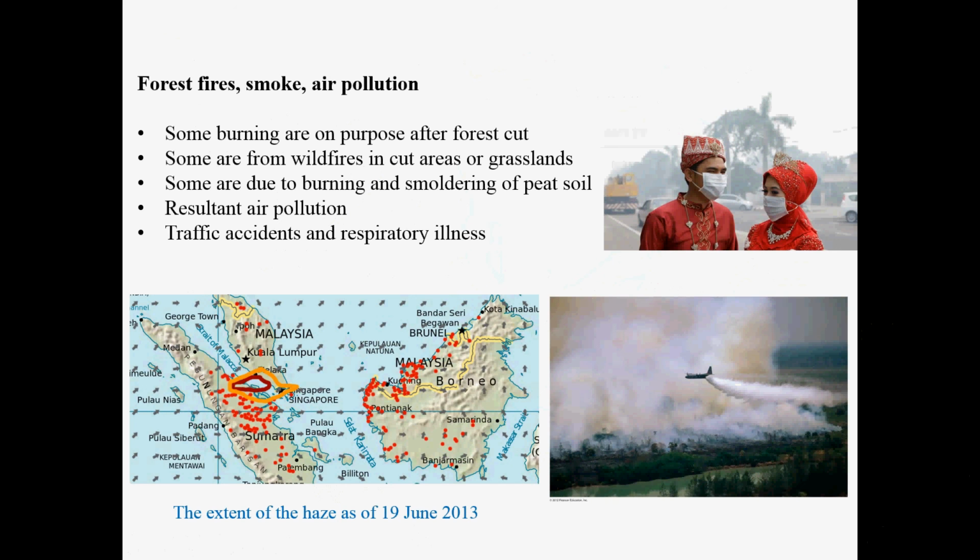All this fire and burning eventually causes very severe air pollution, causing respiratory illness and even traffic accidents. So those are some major problems facing countries in maritime Southeast Asia.